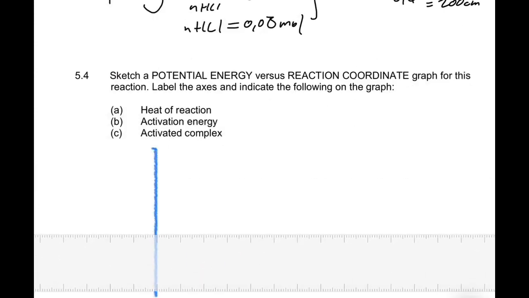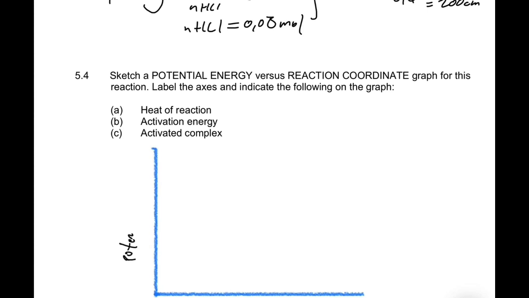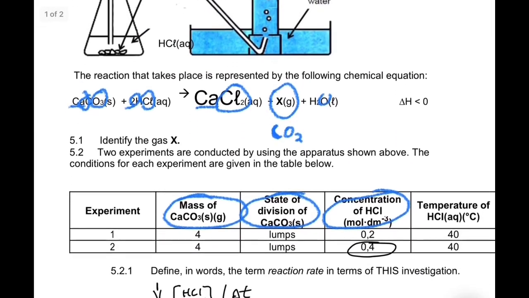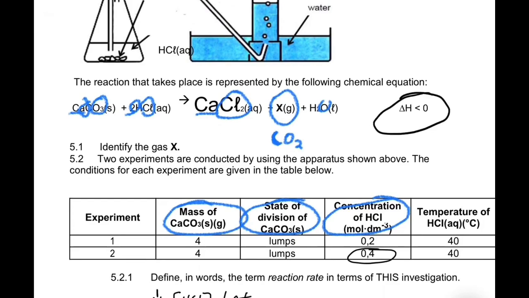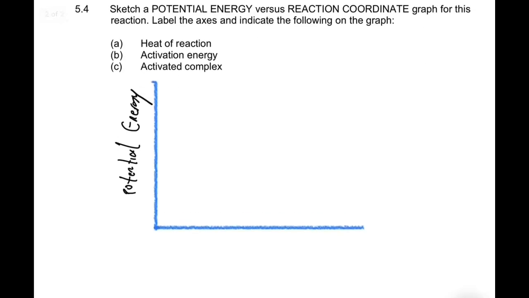I think what we just need to look at is whether this reaction is endothermic or exothermic. So here we have potential energy, right? Let me just scroll up and look at the reaction. So the reaction is exothermic because the enthalpy change is less than 0, right? So the energy of the products must be less than the energy of the reactants.